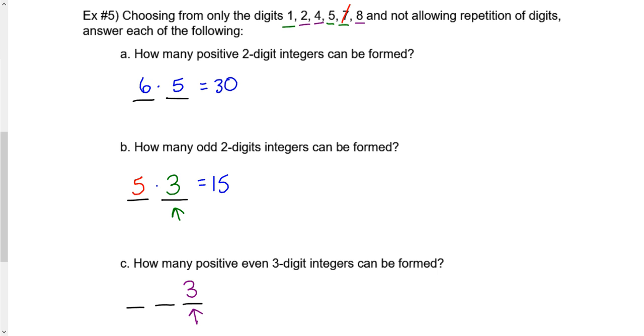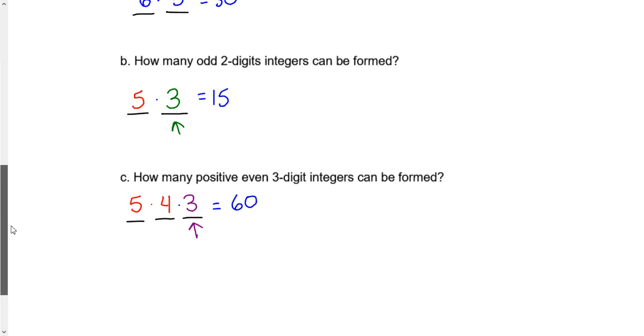And as soon as we get rid of one of our options, say we get rid of the 2, we have 5 options left for here, and we have 4 options left there. The reason, again, is that we're not allowing repetition of digits. So let's see, 20 by 3 is 60. And there you go with the fundamental counting principle.